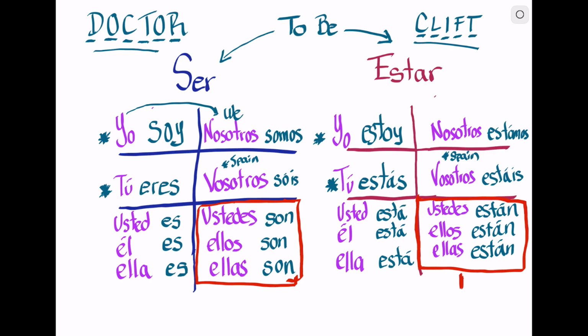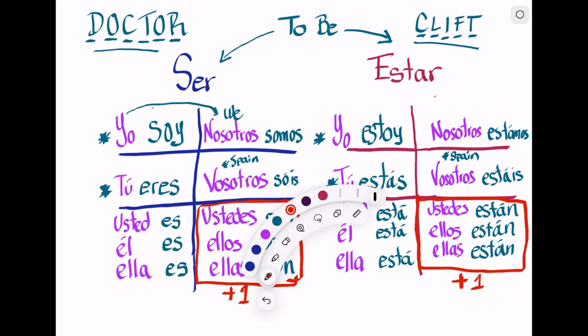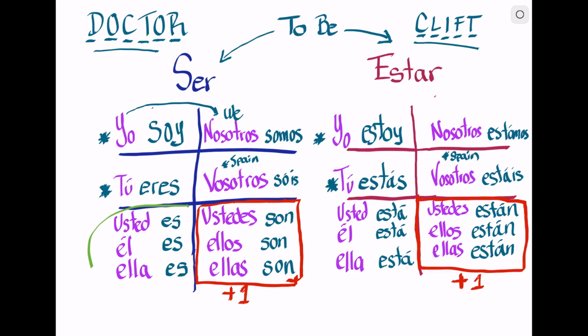That doesn't include you, because remember the one that includes you is nosotros. It can be two things or two people, 3, 4, 5, 6. You are always going to be using son or están. Always, always, always, for more than one thing. If it's somebody else and I, then you use nosotros. Other than that, you're going to use son or están.